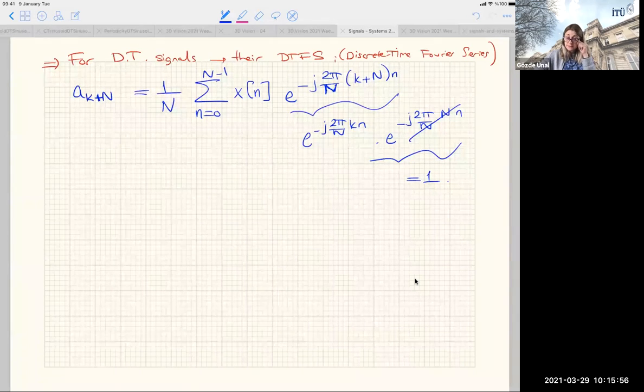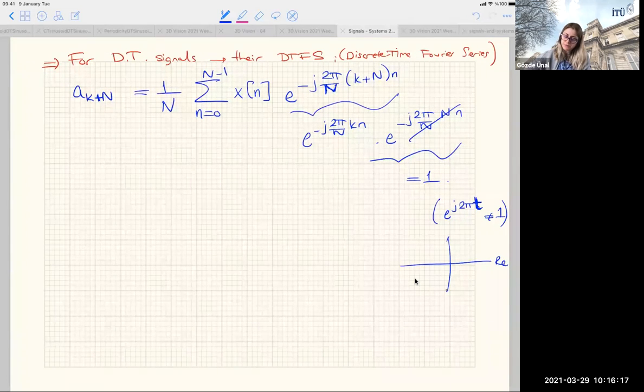In the discrete time case. Remember, in continuous time this is not 1: e to the j 2 pi t. Is this 1? No, because this is continuous. Whatever t is, I may end up somewhere in the complex plane, arbitrary. For instance, t is 0.01, I end up in some place here.